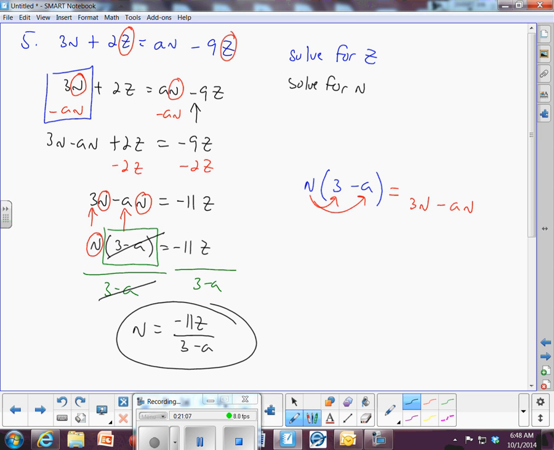Now, I understand that's a little tricky. And the key is this move right here, where we do factoring, right? We do the distributive property in reverse. We go from the 3n minus an to n times the quantity 3 minus a. Once we do that, we're able to isolate our variable, and we're able to finish and solve.